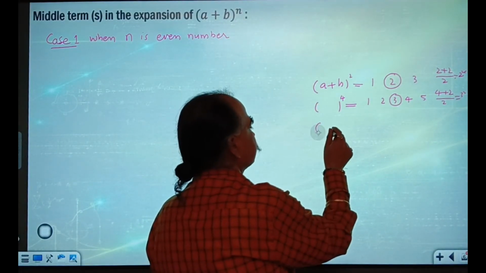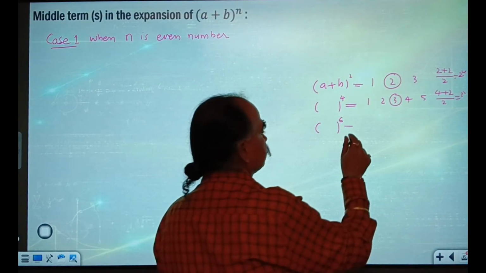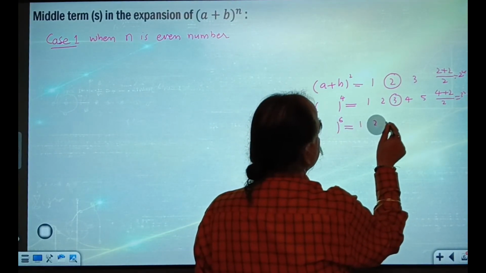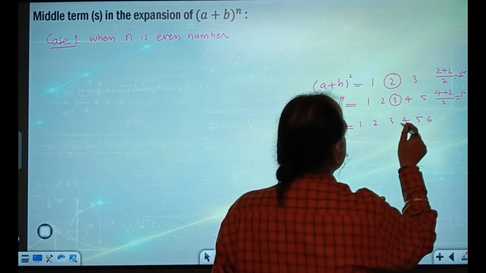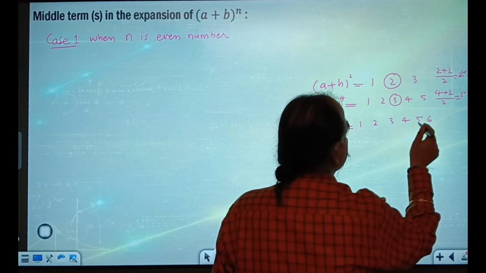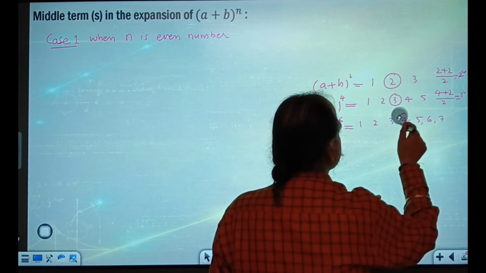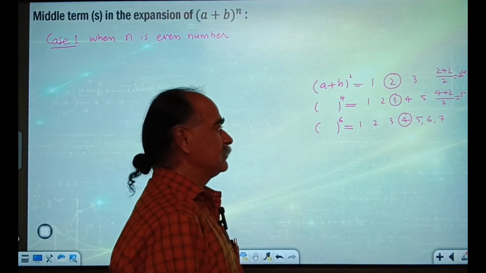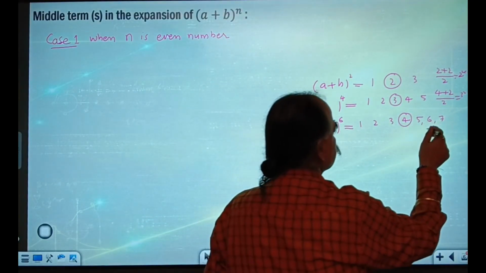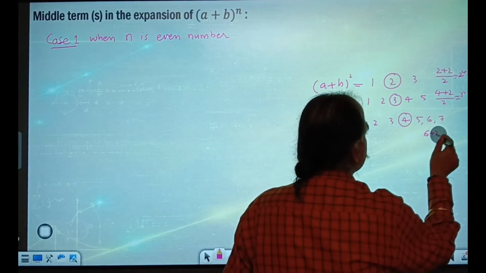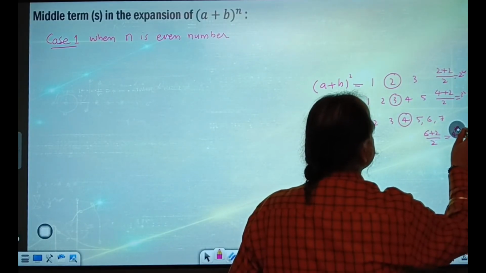If power is 6, there will be 7 terms. 1, 2, 3, 4, 5, 6. There's one middle term and position is what? Fourth term. 6 plus 2, 8 upon 2, which is fourth term.